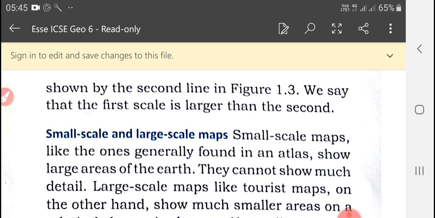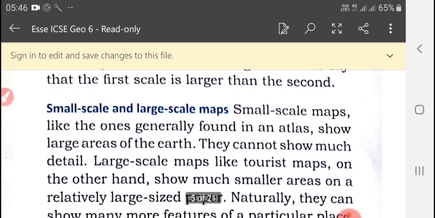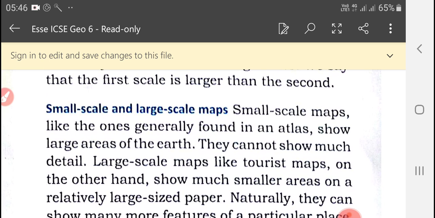Now, small scale and large scale maps. Small scale maps are generally found in an atlas. An atlas book, what is that? A collection of maps.